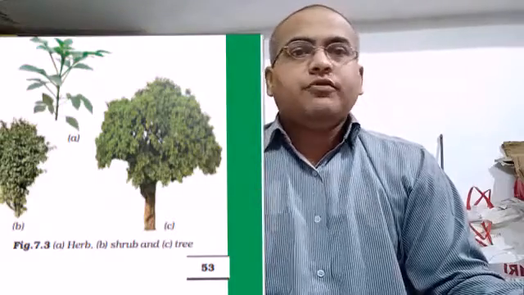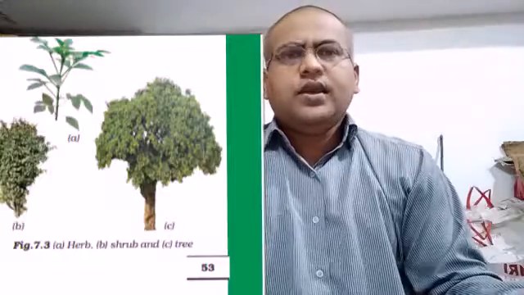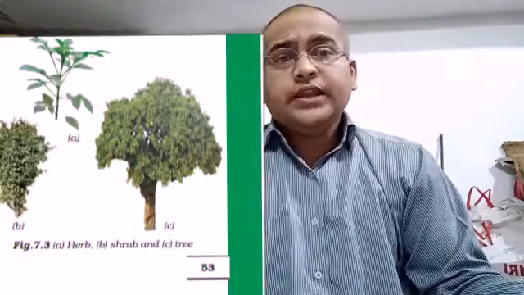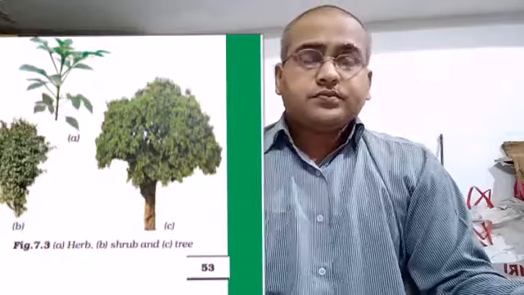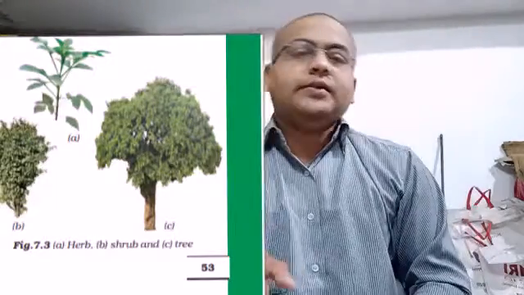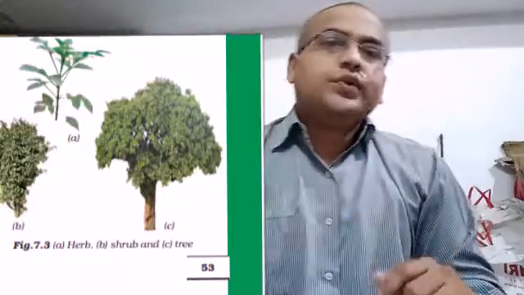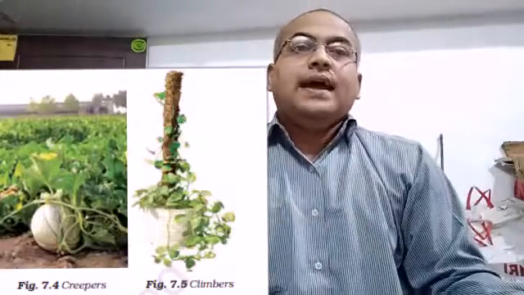With the help of a khurpi, take two healthy plants from your garden. Maybe a weed or any healthy plant we can take. We have to take care that when we are taking the plant from the soil, the roots will not break, it will come with proper roots.